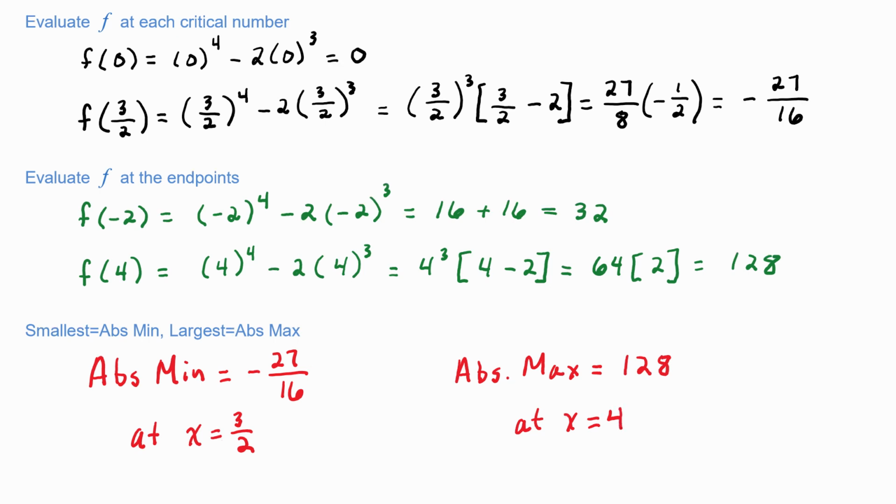And notice that in this case, the absolute min occurred at x equals 3/2, which was one of our critical numbers, whereas the absolute max occurred at x equals 4, which happened to be one of the endpoints. That's why you have to look at all the y values from the critical numbers and all the y values from the endpoints and make the smallest one the min, the largest one the max.